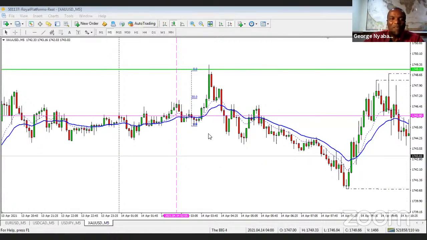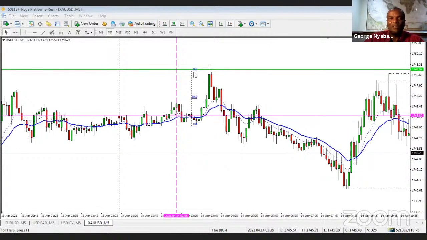So remember measured moves. If you can track back to the archives and find where I spoke about measured moves and leg one, leg two extensions, it's absolutely critical. So you have seen the bear move, and then you have the reversal of this pattern. But how far does it go?